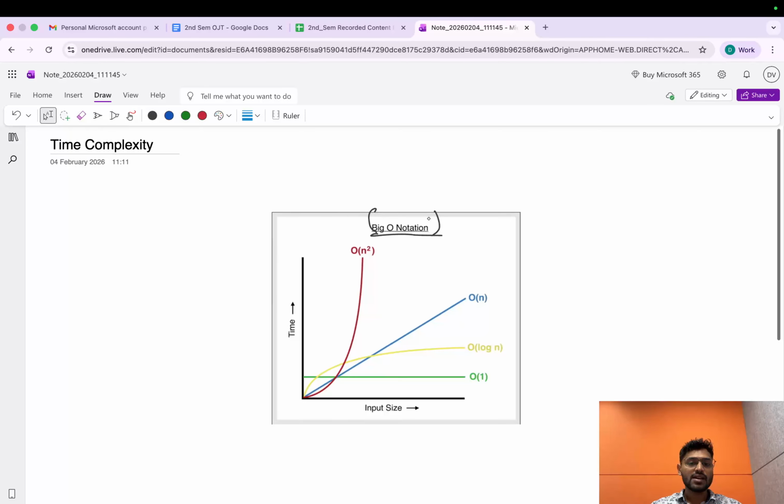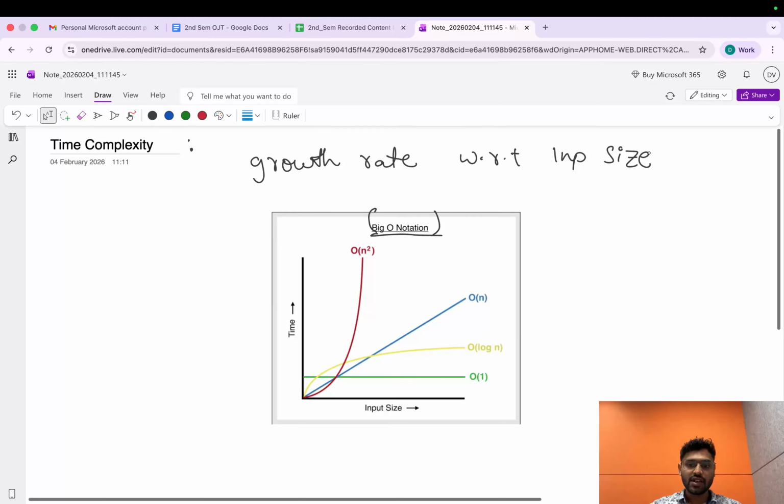Okay. So the definition of time complexity goes like this, and I'm going to justify this definition by giving an example right after this. Time complexity means we're going to see the growth rate with respect to input size.